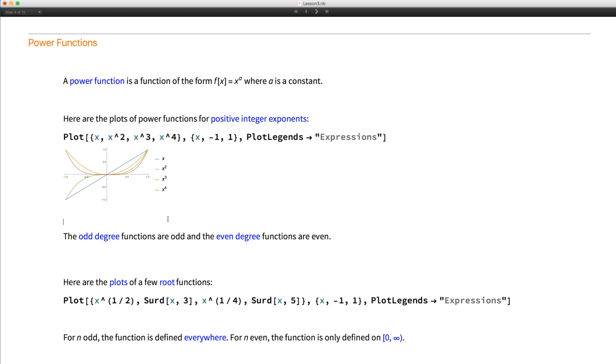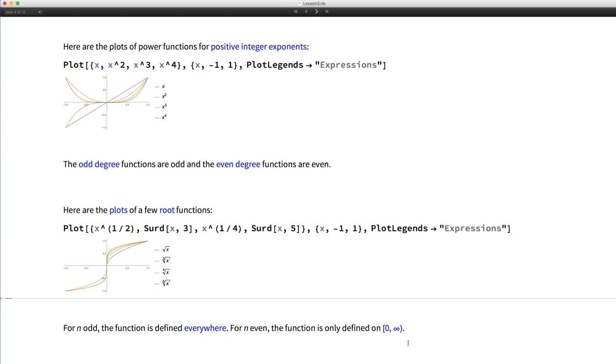functions are even. Now, slightly harder than those are the root functions, where you have things like x raised to the power 1/2, like the square root function. And that's just a simple way of saying x to the power 1/3 in the Wolfram language. Those functions are a little more complicated than the earlier set, because if you look at the plots, they look a bit thicker over here than over there.